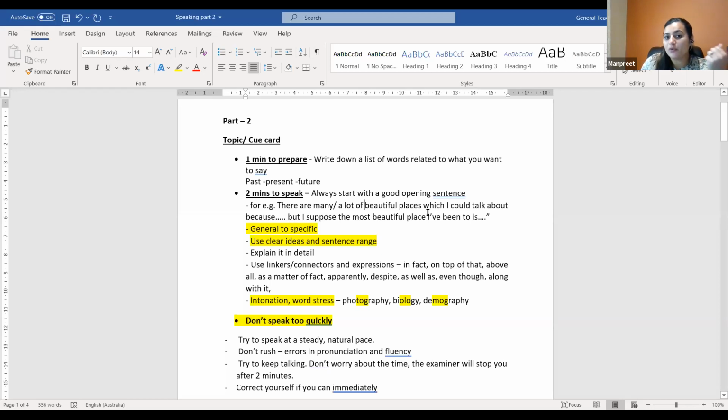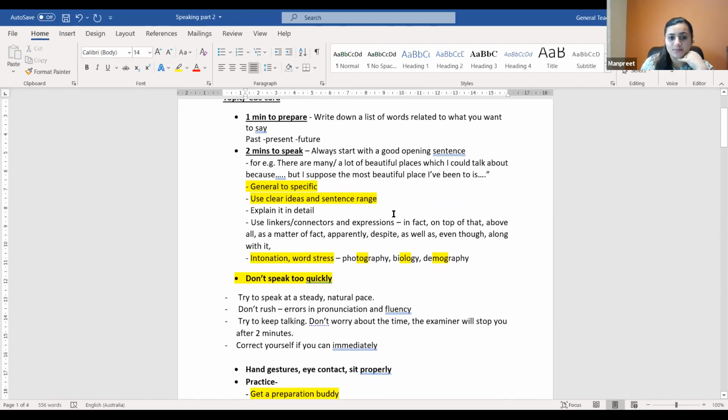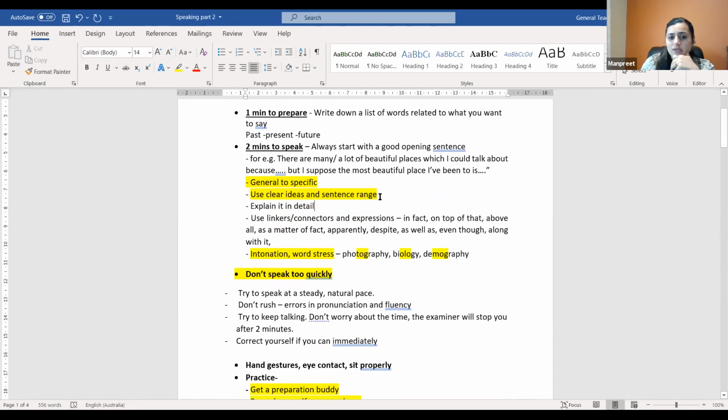But today I'm going to talk about my favorite restaurant. I would like to talk about, you can just change this part, my favorite restaurant. So general to specific, okay? Always try to use this sentence in your part 2. And you have to use clear ideas and a good sentence range.